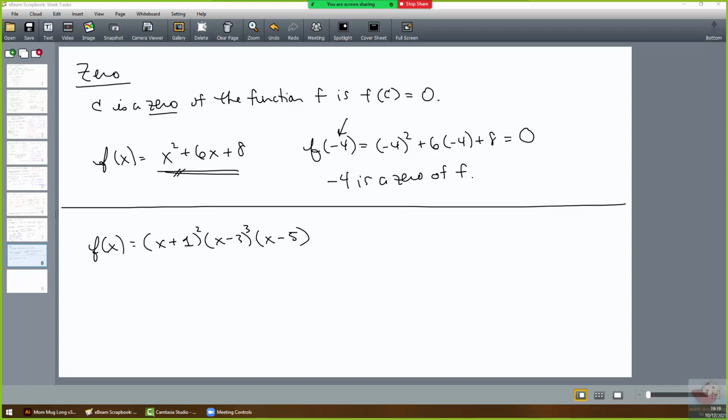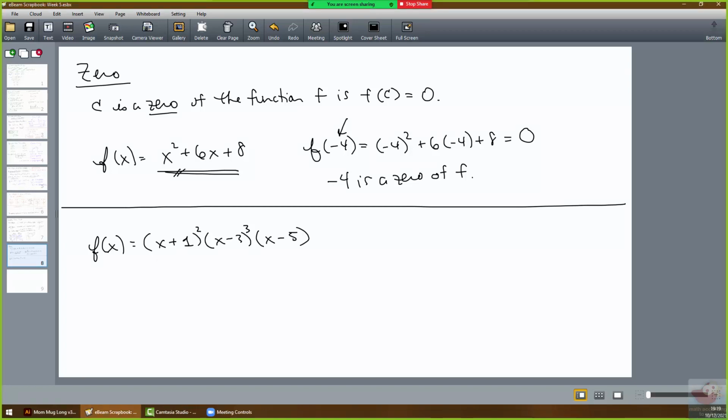Looking at this function, what numbers would cause the function to equal 0? What number would you put in for x and the whole thing equals 0?